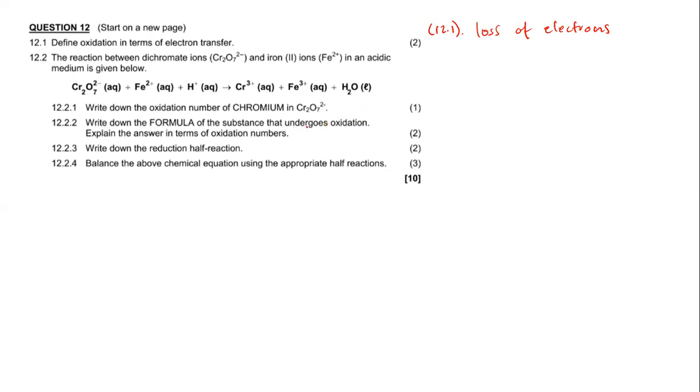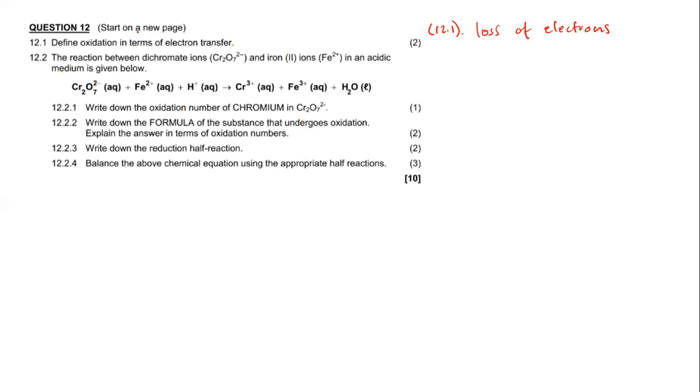But oxidation in terms of oxidation number, how do we define it? We say it is an increase in oxidation number. Do you hear the difference? I want you to note them down, okay?